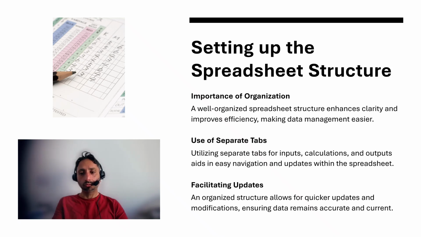updates into consideration. And when there is upgradation in data or in assumptions, the financial model should be able to tailor according to the changes that are happening and update accordingly.